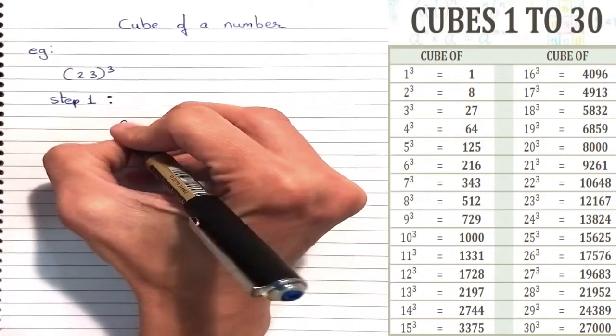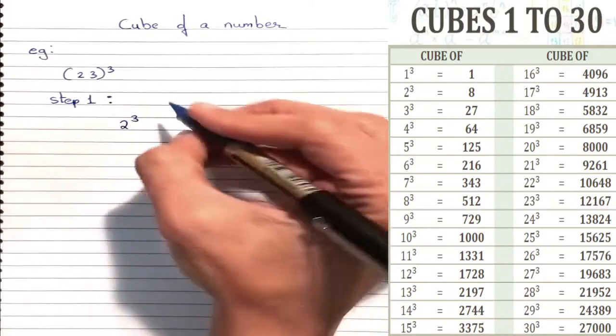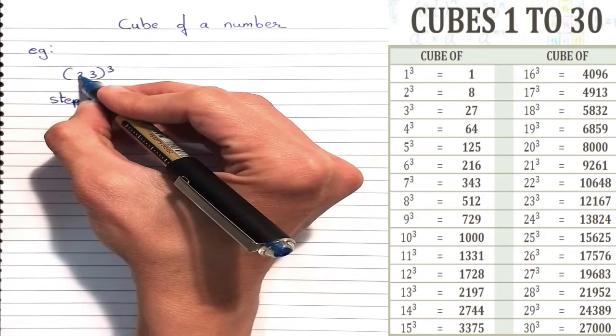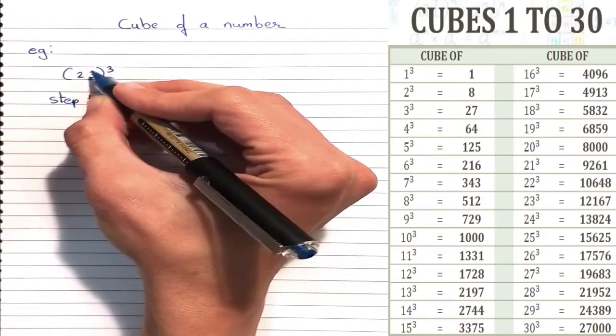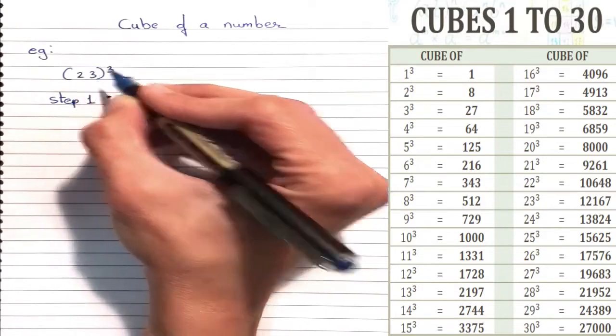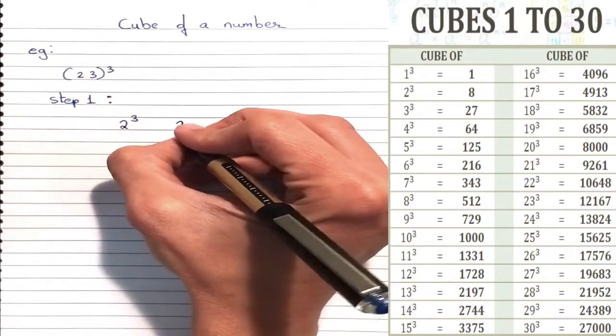we would first take the cube of 2, which is our first digit. Then we will multiply 2 square into 3, that is the square of the first number multiplied by the second number.